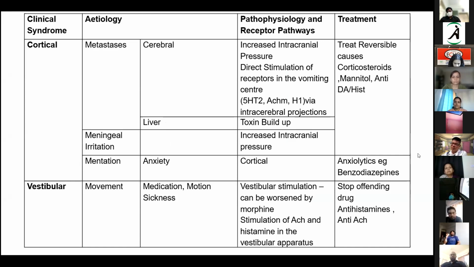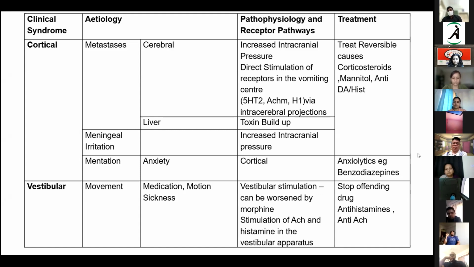Now, I have divided this based upon the clinical syndrome. In cortical areas, the triggers would mainly be metastasis, meningeal irritation or mentation. Metastasis is likely cerebral, or there could be liver failure causing toxin buildup, affecting cerebral function. Accordingly, you might have to treat the reversible causes.